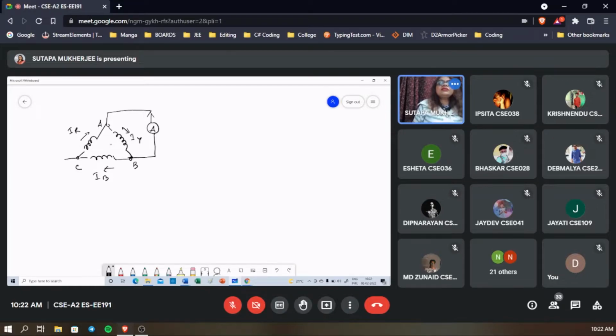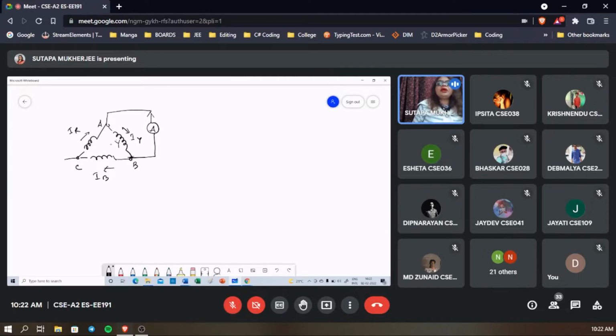But in this case, if you want to measure the potential between these 2 points, then what will happen? The phase voltage and the line voltage will be the same. Is it clear? Say this is R phase, this is Y phase, this is B phase. So these are connected to this point, 2 phases are connected to that point.